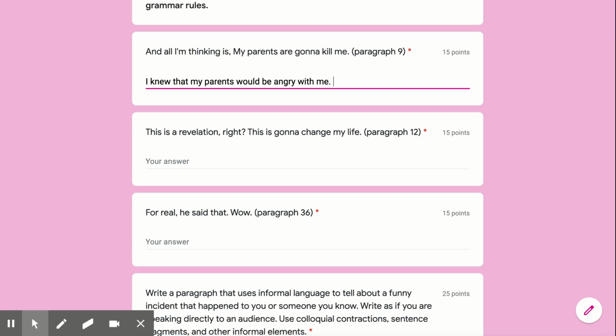It's that simple. Instead of, and all I'm thinking is, I said I knew. And then instead of, my parents are going to kill me, I said my parents would be angry with me. Both of those still convey the thought that her parents were going to be angry and that that's what she was thinking. Now you do the next 2 together. I mean, by yourselves.